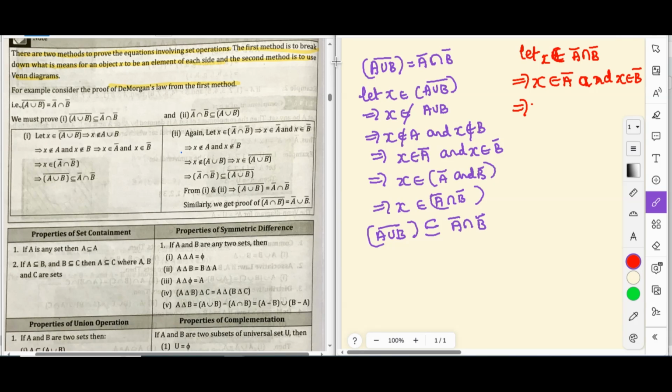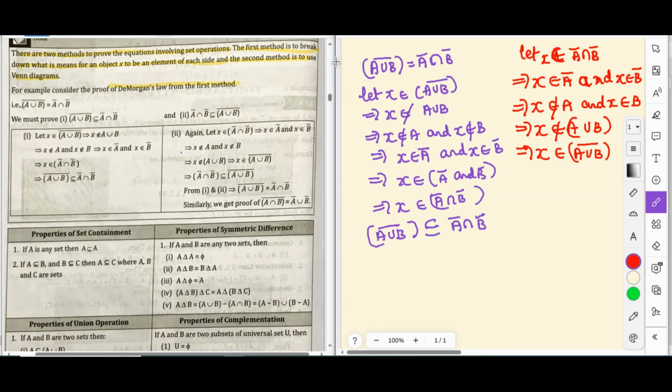If it is there in A dash, it will not be there in A, so x does not belong to A, and x does not belong to B. This means x does not belong to A union B, which implies x is not there in A union B, so it will be there in A union B whole dash.